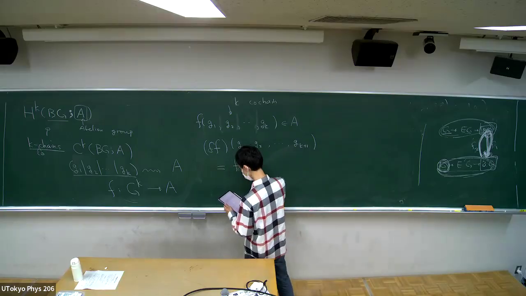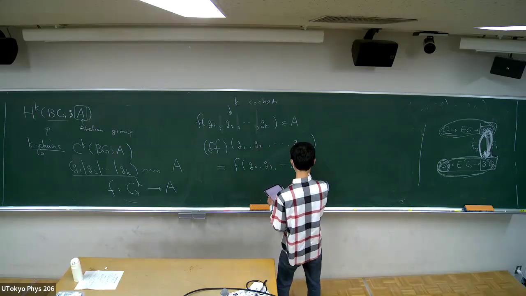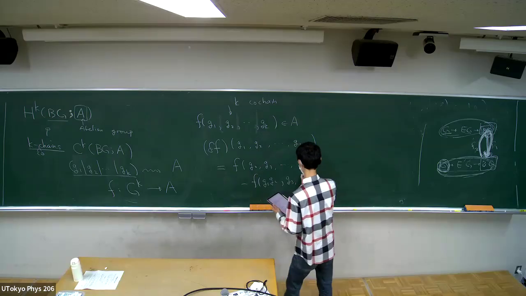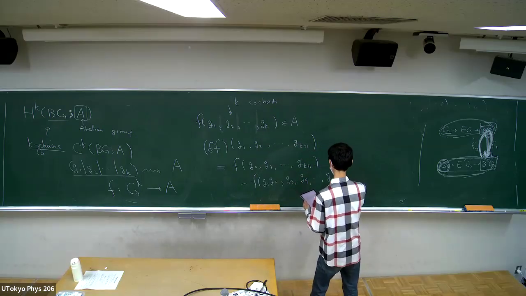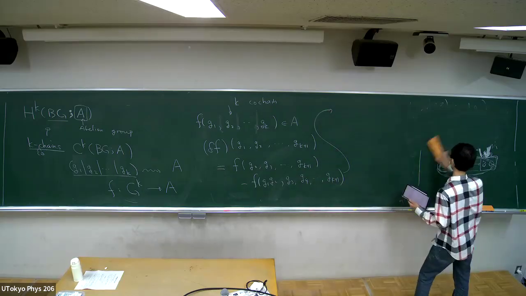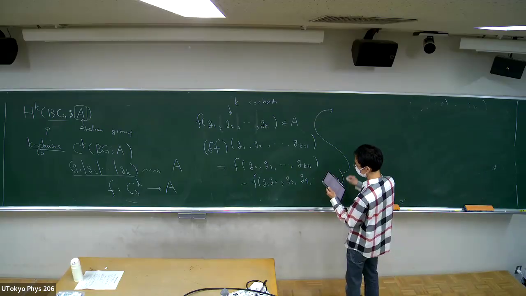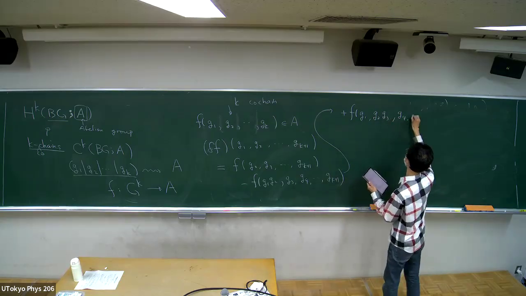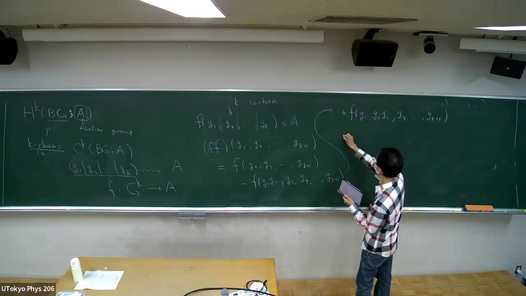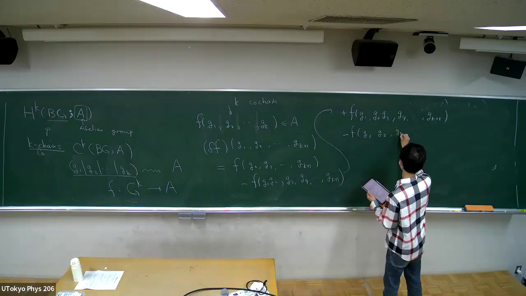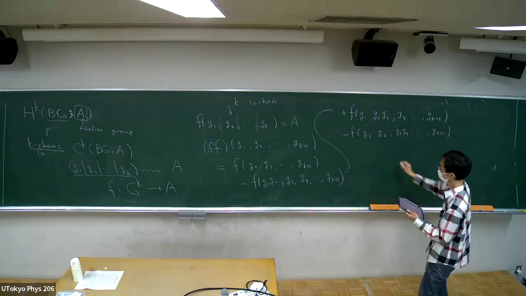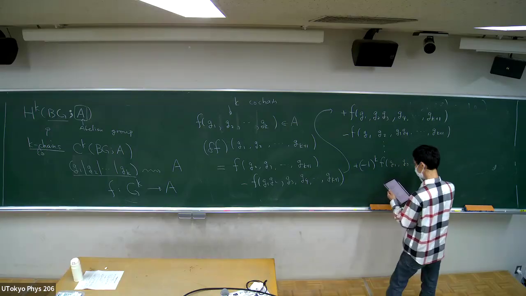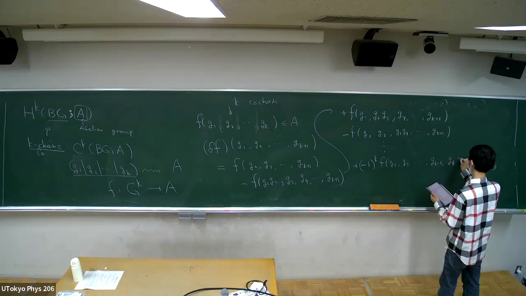And that's given by f(g2, g3, ..., g_{k+1}), minus f(g1g2, g3, g4, ..., g_{k+1}), plus f(g1, g2g3, g4, ..., g_{k+1}), minus f(g1, g2, g3g4, ..., g_{k+1}), and then plus or minus one to the k, f(g1, g2, ..., g_{k-1}, g_k g_{k+1}).